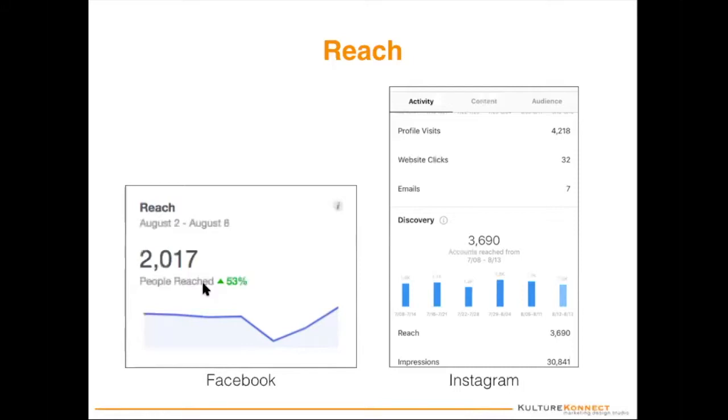So for example, if you have 10,000 followers, most likely only 100 people will be actually seeing your post in their news feed organically. So you need to make sure that you continue growing your following, so your reach organically continues to grow as well.